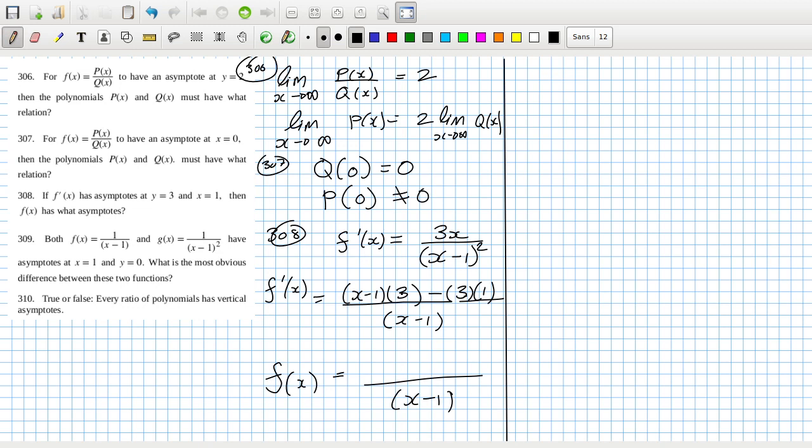The bottom times the top minus the top. Okay, the top would have to be something like 3x. No. I need something with a derivative of 3 but that cancels the minus 1 here. 3x. No, that's not going to work.